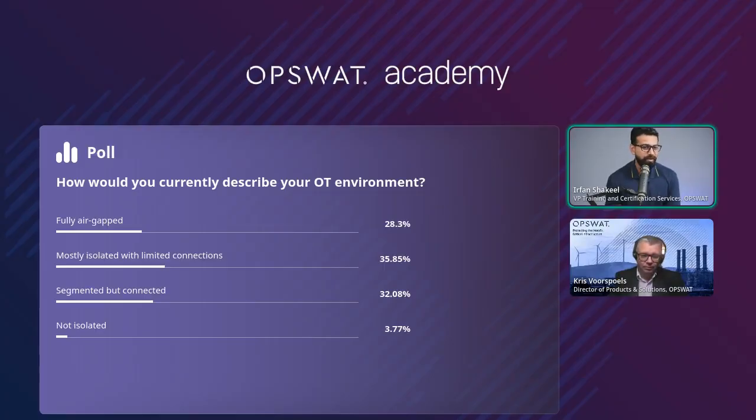So that's interesting. And I see that in the poll, we have some answers, and 28% still believe that they have a fully air gapped system, and a few believe that it's segmented but still connected. That is alarming.